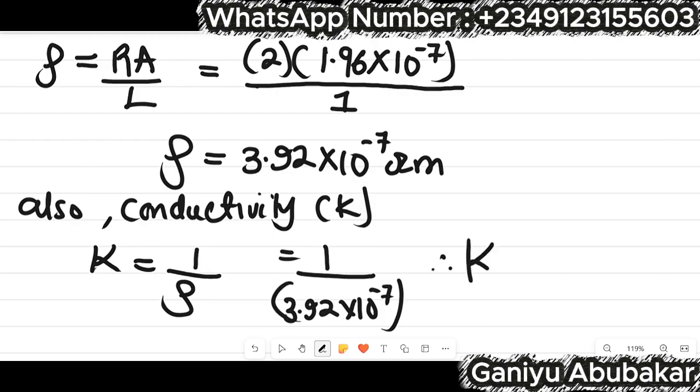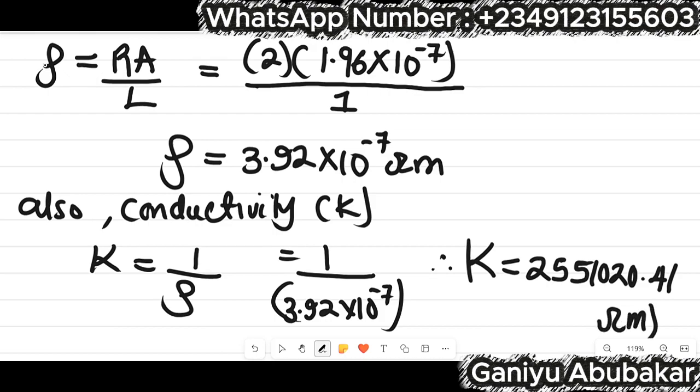Alright, my final answer for conductivity K will be equal to 2,551,020.41, of course, per ohm meter as my SI unit for conductivity. This is how you solve for this particular question.